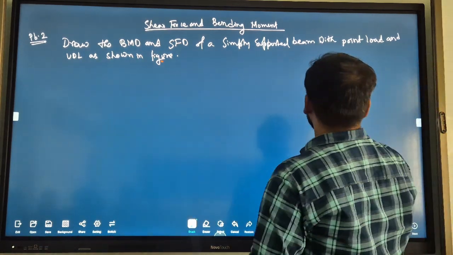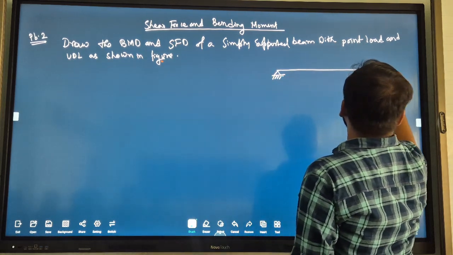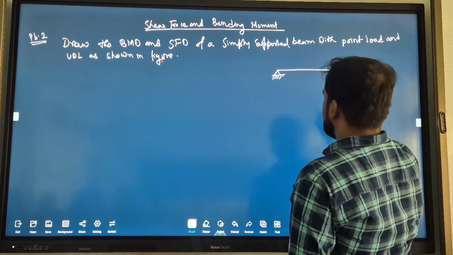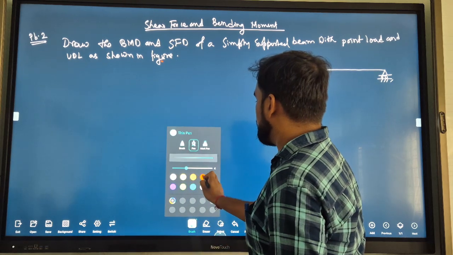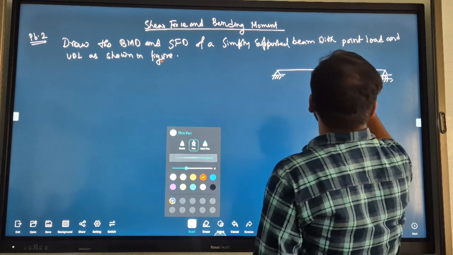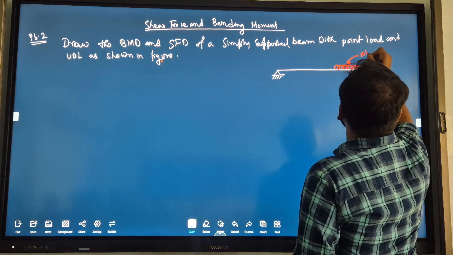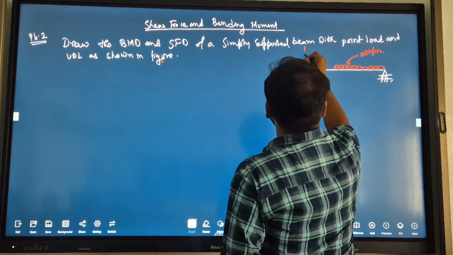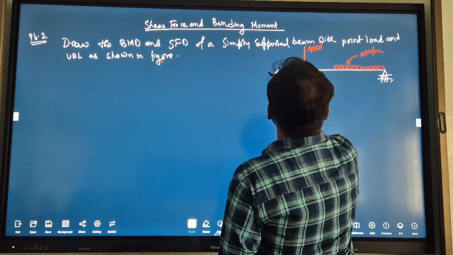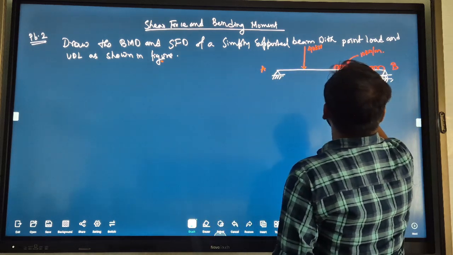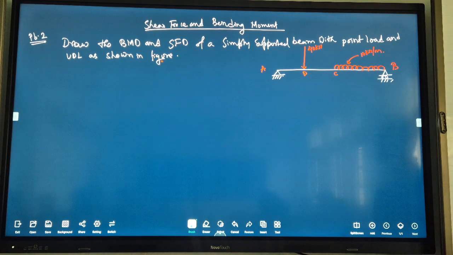So let's draw the figure. First, draw the diagram.